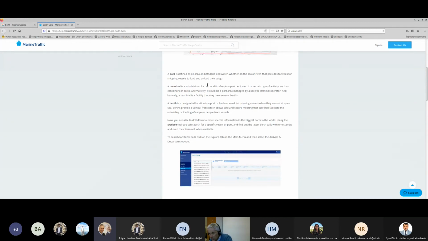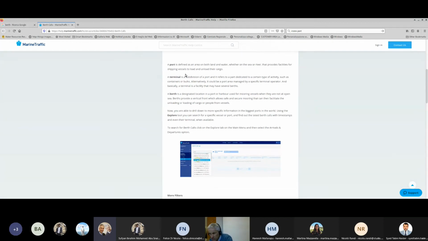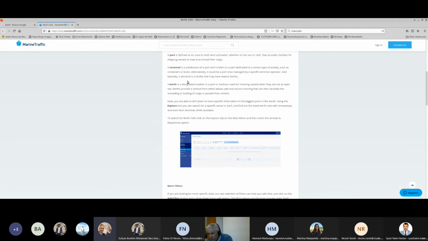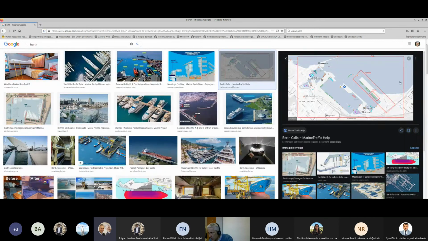So what is a port, what is a terminal, which is a subdivision of a port, and what is a berth? It's a location in a port or harbor used for mooring vessels. So let me go back to the picture, and you see here this rectangle which I am pointing out with the mouse. This is the berth.